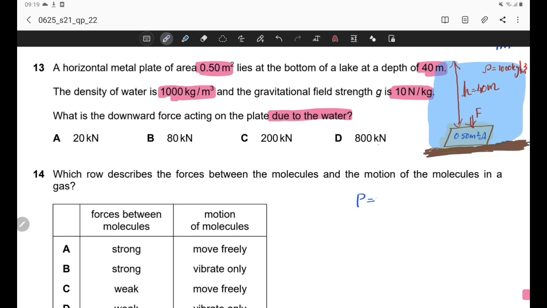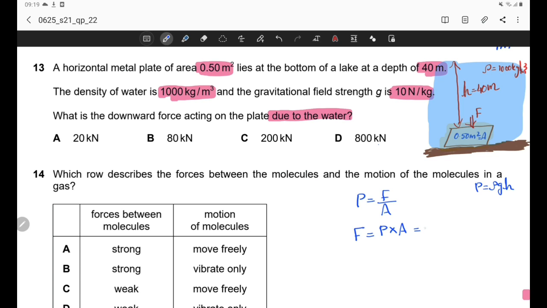So here we can use the equation again. Pressure is equal to force over area. But in this question we need to calculate force. So we can make force as the subject. So we will get force is equal to pressure times area. What is the equation of pressure? Pressure in a fluid is equal to rho gh, density of that liquid times gravitational field strength times the height of the liquid.